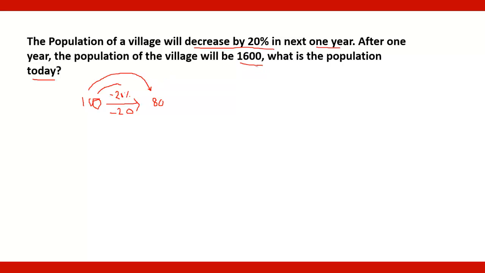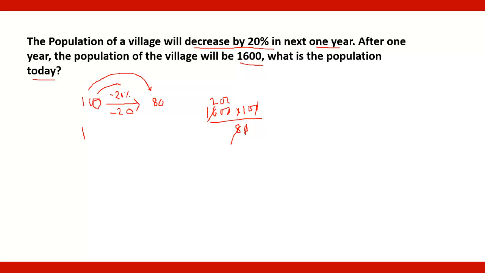then 1600 will be to what? So you will get 1600 into 100 divided by 80. This 0 and this 0 will get cancelled. 8 2s are 16.